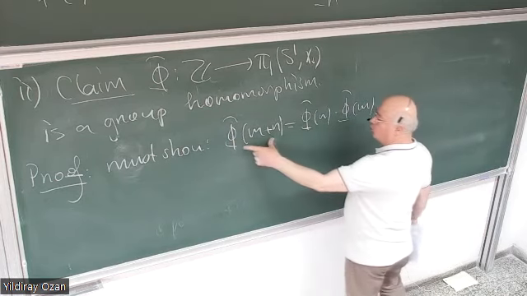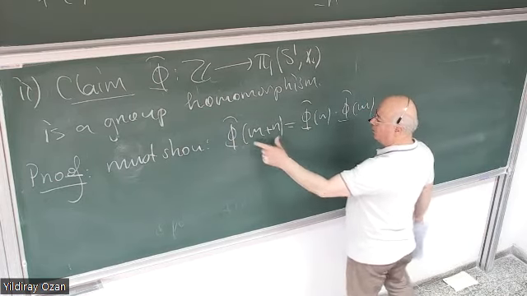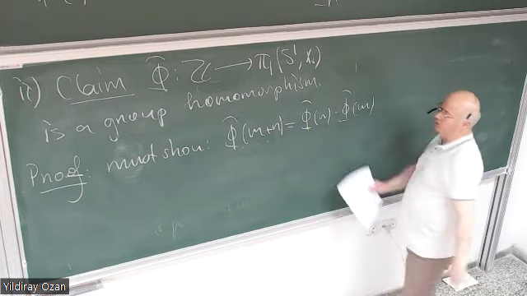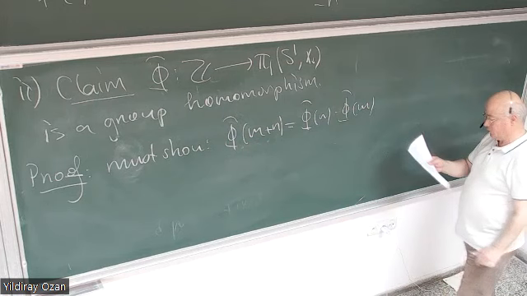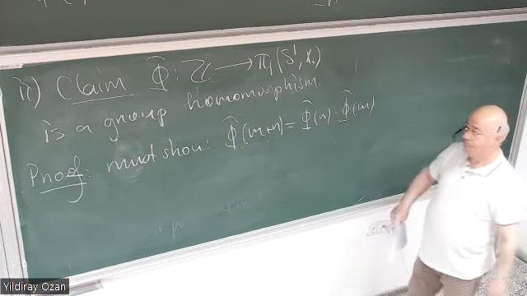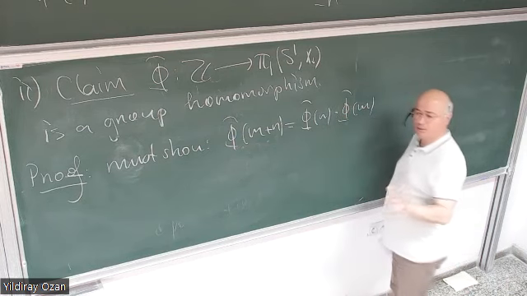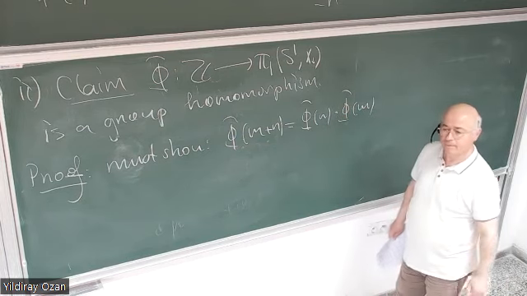So the homotopy class of m plus n is the product of the homotopy classes of these two paths. Not composition, but the product of paths.